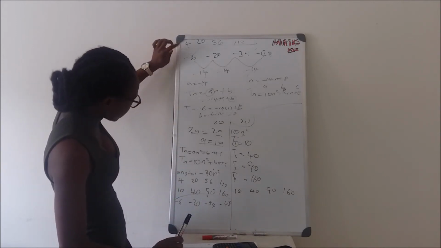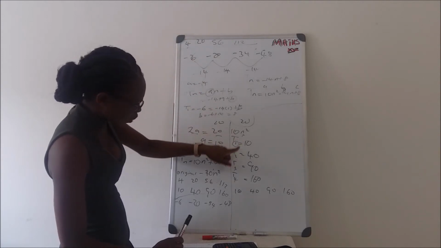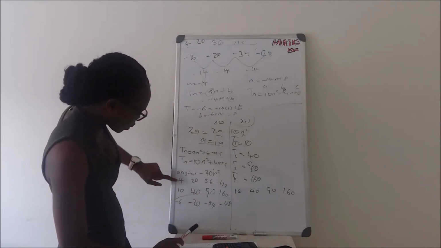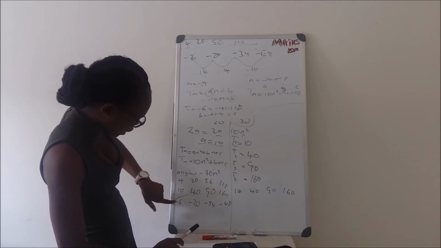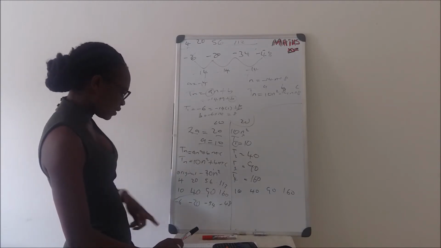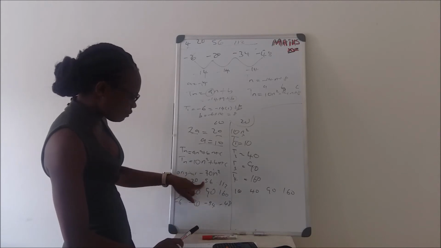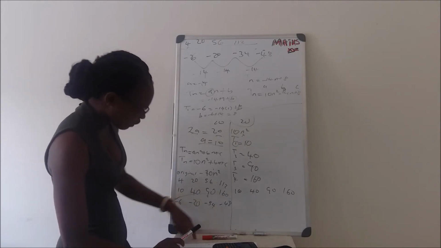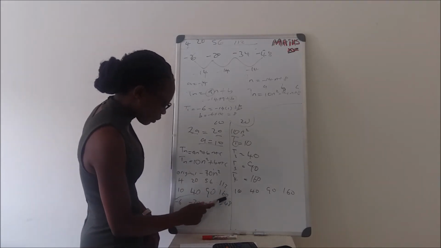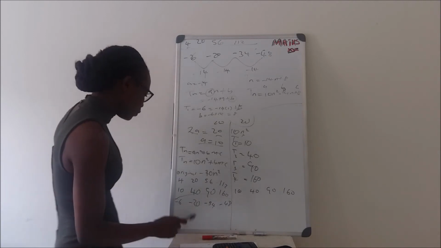T1 from the original was 4, and for 10n squared T1 is 10. So 4 minus 10 gives us negative 6, 20 minus 40 gives negative 20, 56 minus 90 gives negative 34, and 112 minus 160 gives negative 48.